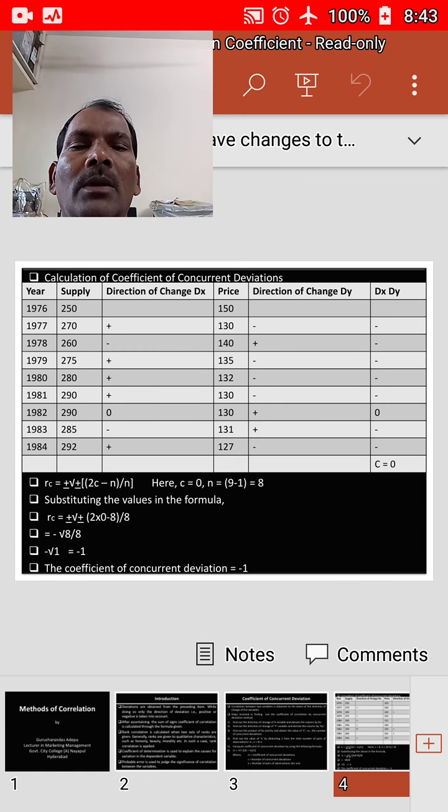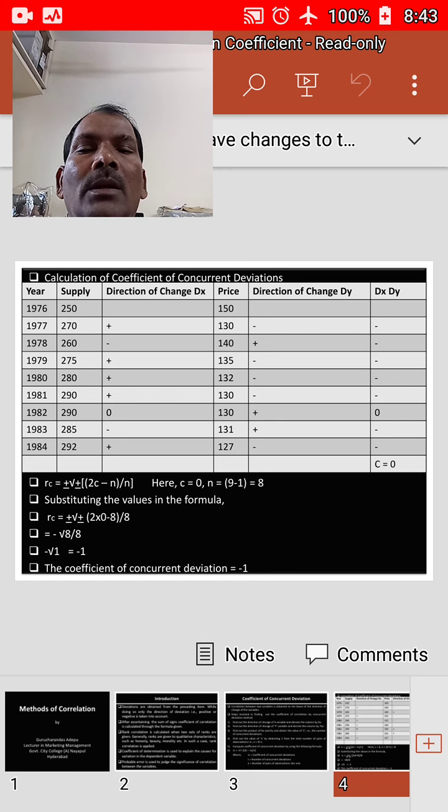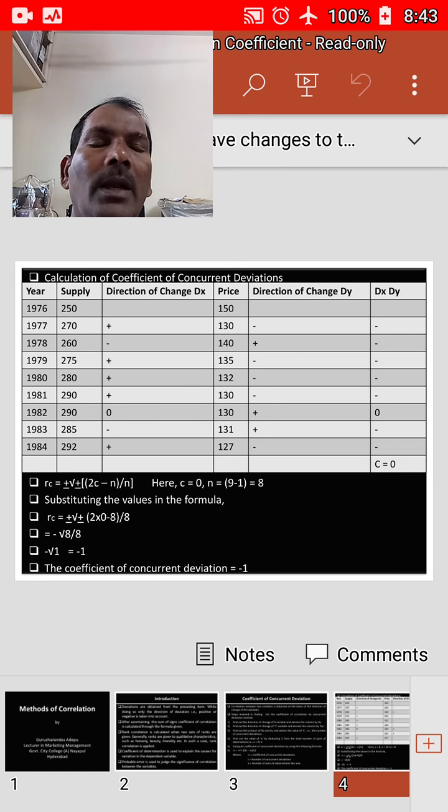Wrongly here we denoted it as plus, but we need to put 0. There is no increase or decrease, right? In 1983, compared with the preceding year, it was a small increase of 1, hence we need to put plus. In 1984, comparing with 83, 131 to 127, there is a decrease, hence we need to put a negative sign.